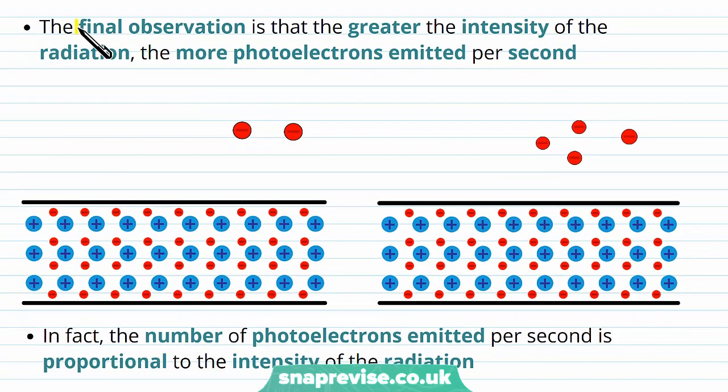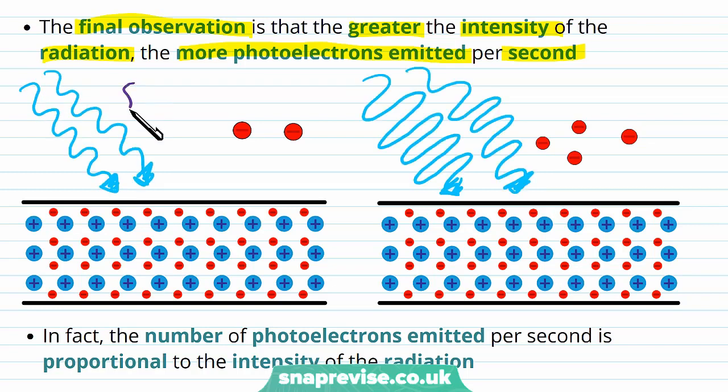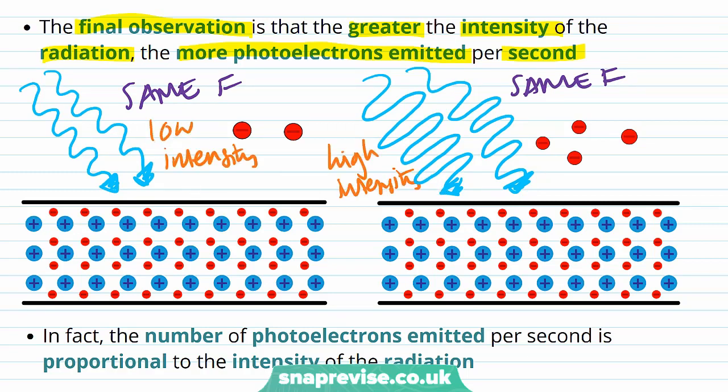And the final observation made is that the greater the intensity of the radiation, the more photoelectrons emitted per second. So again, we have radiation of the same frequency but different intensities. So these two have the same frequency, but this radiation here has a lower intensity. So it was observed for radiation of the same frequency but a lower intensity, fewer photoelectrons were emitted.